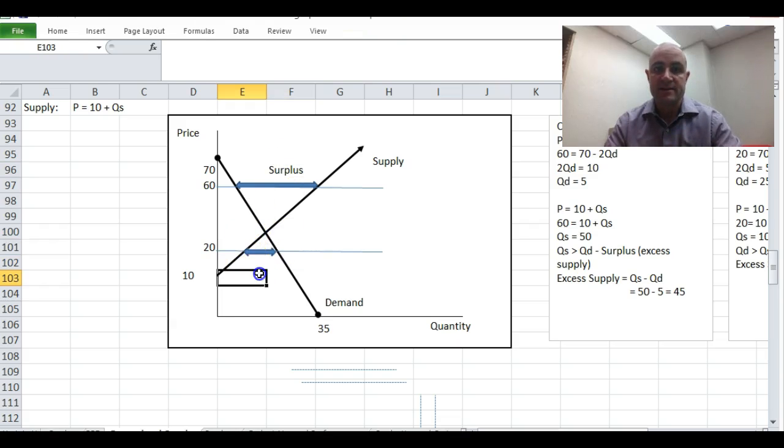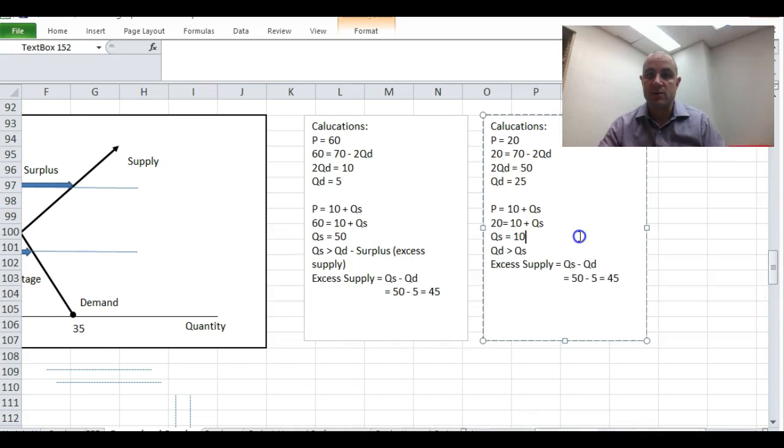We call that a shortage. There are more units demanded than are supplied, or excess demand.